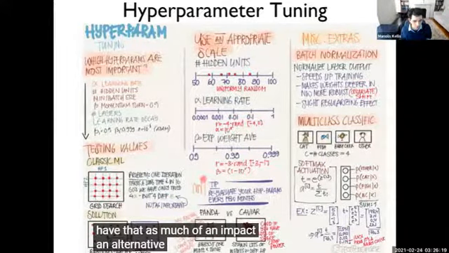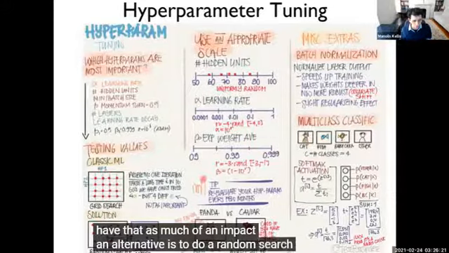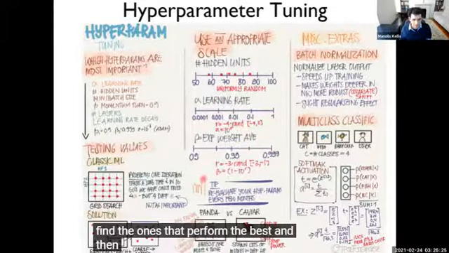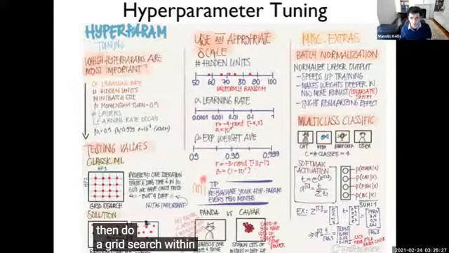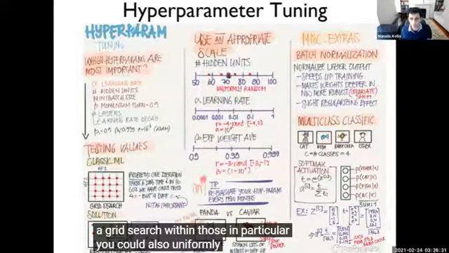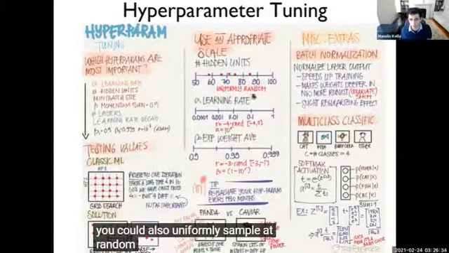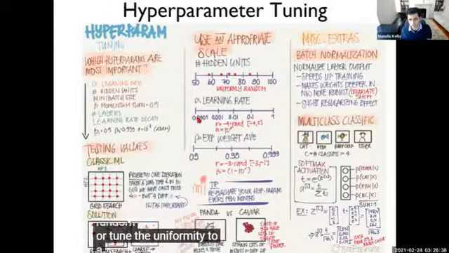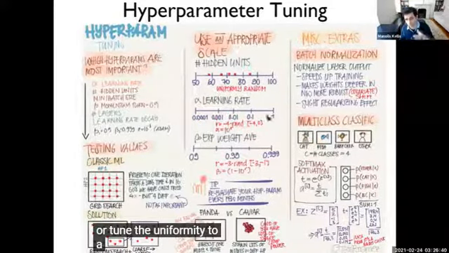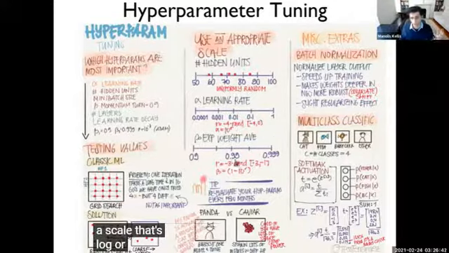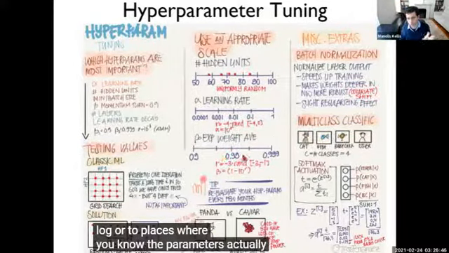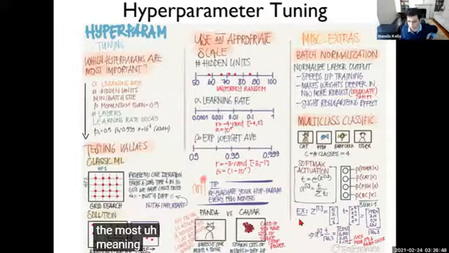An alternative is to do a random search through the parameter space, find the ones that perform the best, and then do a grid search within those in particular. You could also uniformly sample at random, or tune the uniformity to a log scale, or to places where the parameters actually make the most meaning.